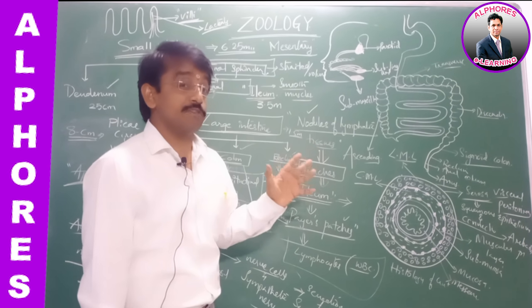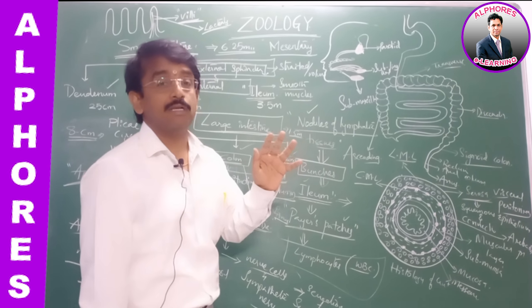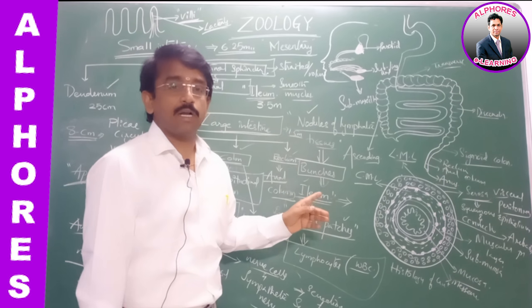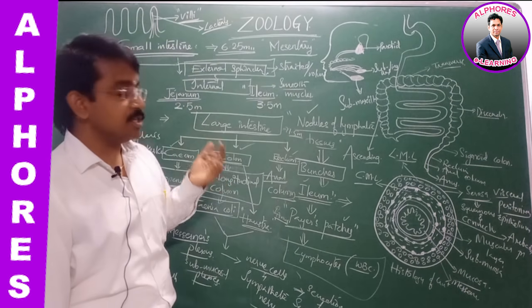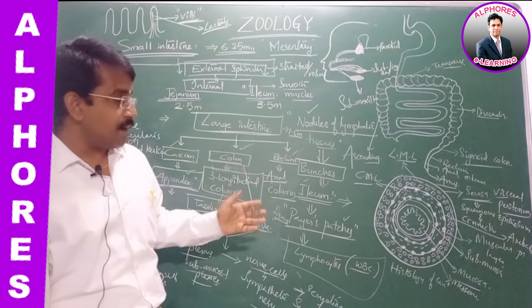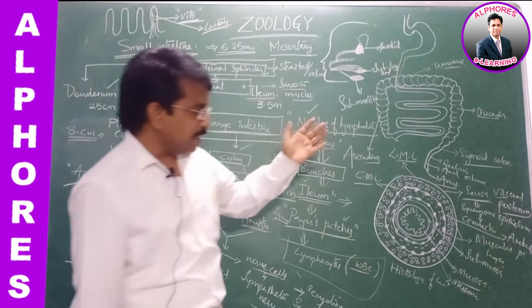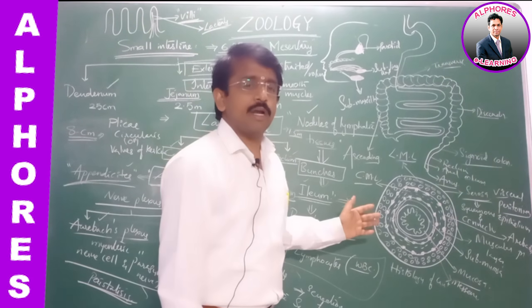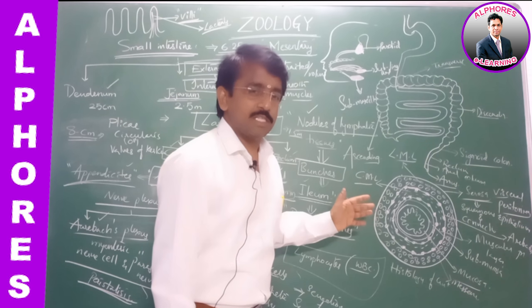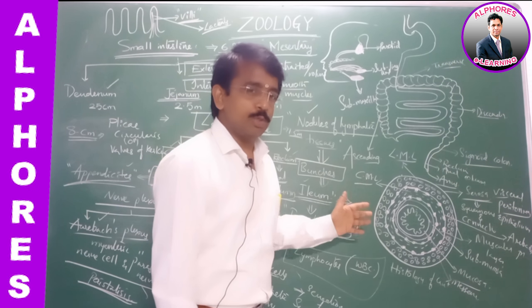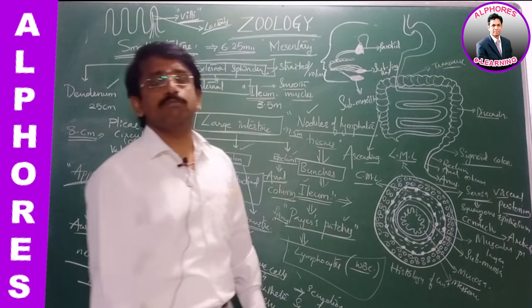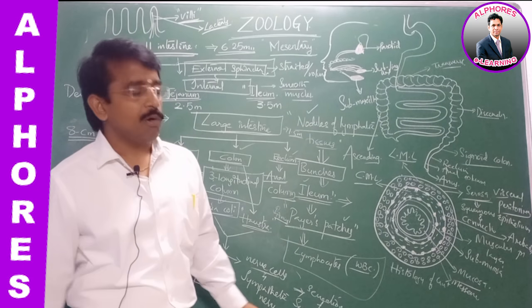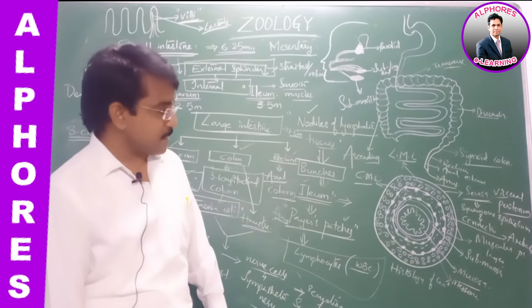In the stomach, in the submucosa region, the bases of the glands are present, and in the case of the intestine, the Brunner's glands, the duodenal glands, are located in the submucosa. That's the reason it is also described as having some glands.